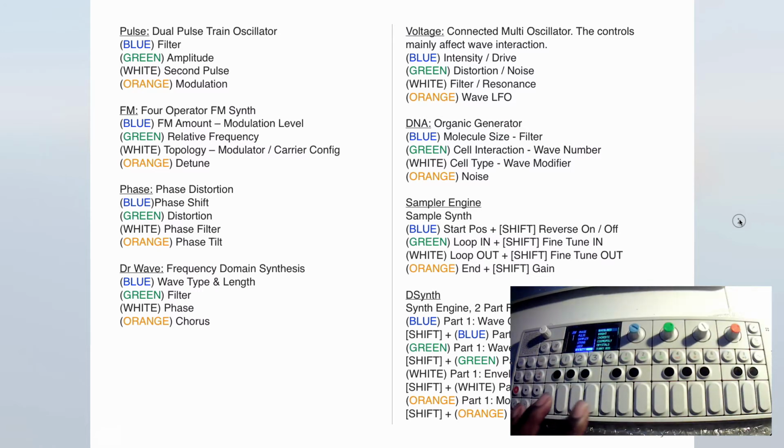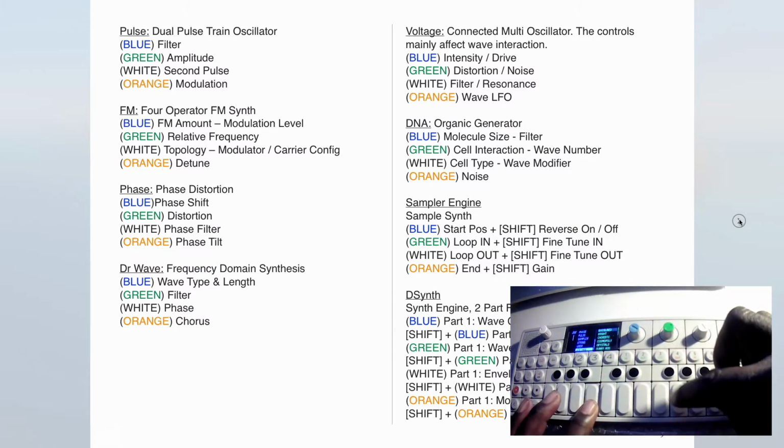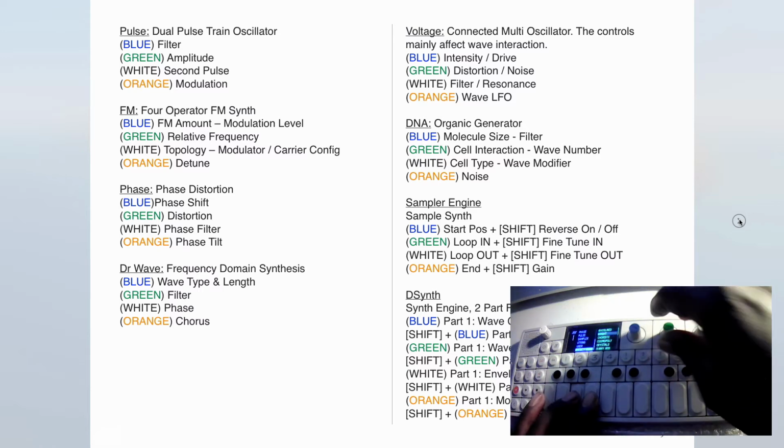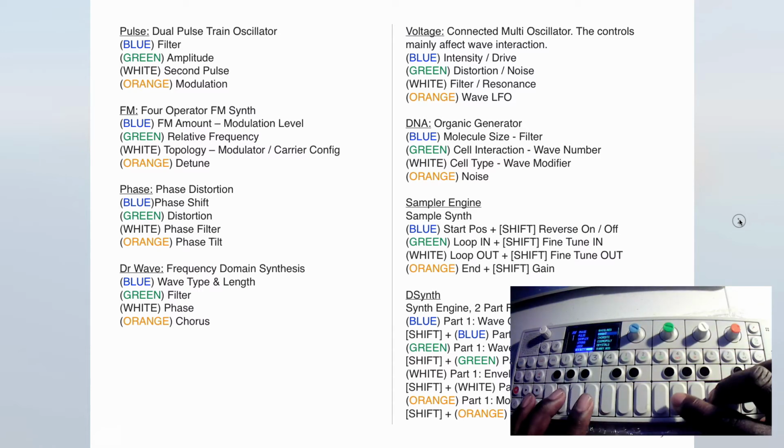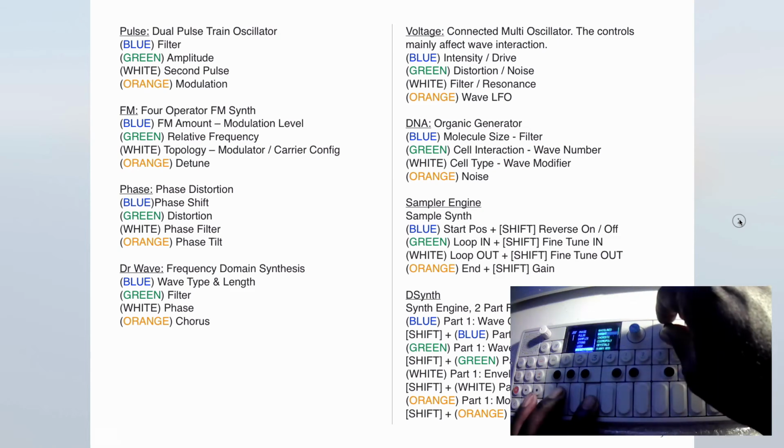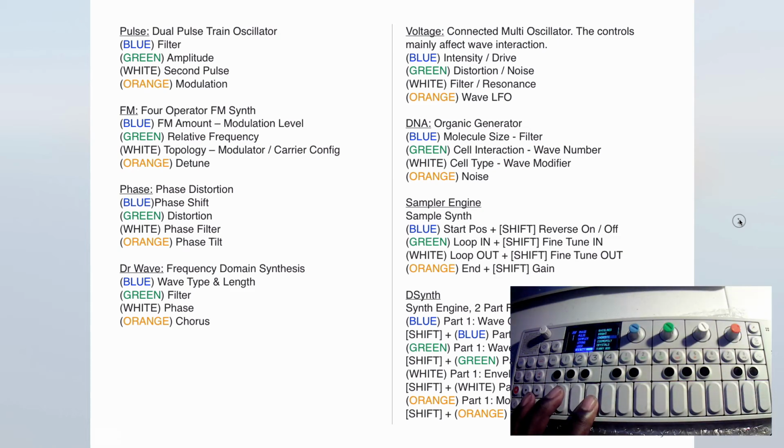Let's go through the Voltage. So let's have a listen to some presets. Bassline. Preset called Bright. A preset called Cordite.